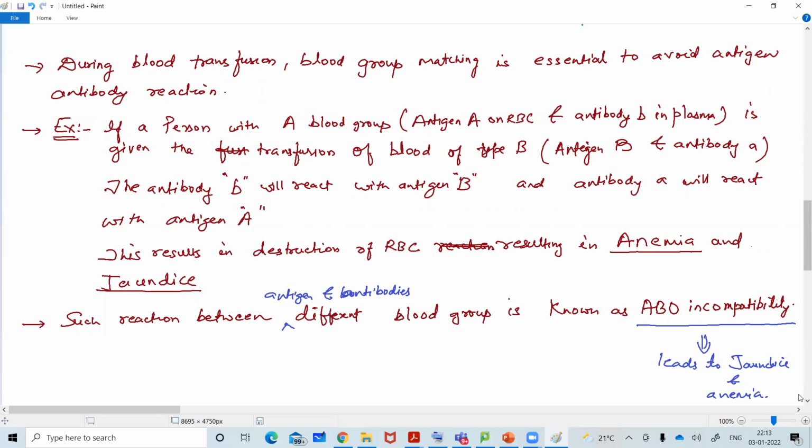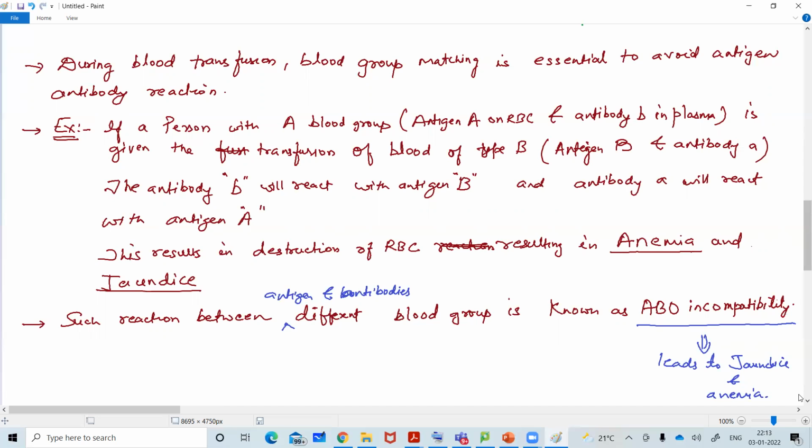In the same way, if you are giving blood to B blood group, A or any other, you can check the antibody and antigen compatibility. If it is not matching, then you can give it. If it is matching, then it may cause interaction between antigen and antibody and they will destroy each other.